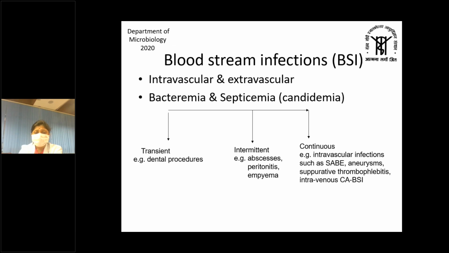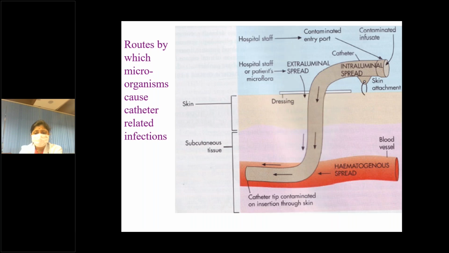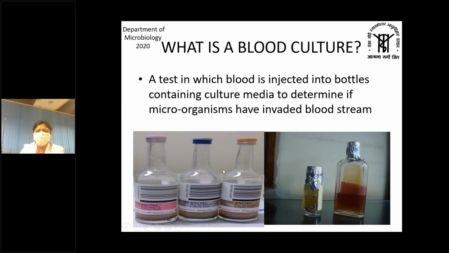For bloodstream infections, I'll not go into the details, but I'm sure all of us are familiar with the triple lumen CVC catheter. Usually the hematogenous route is the spread for bloodstream infection, especially the extraluminal spread where there is contamination by the skin flora. So the most common is the extraluminal infection.